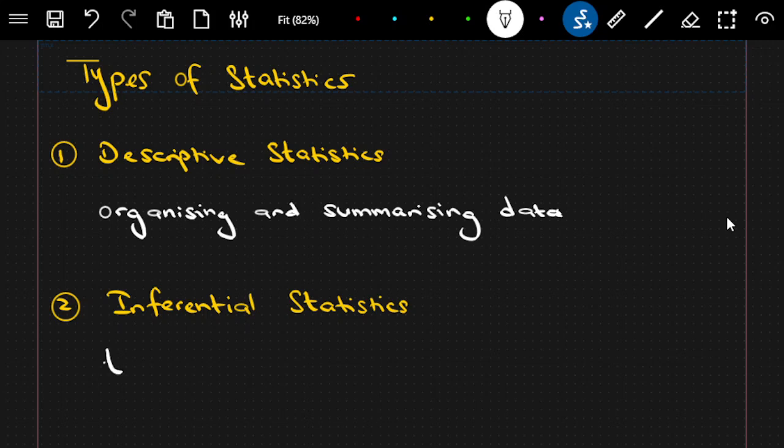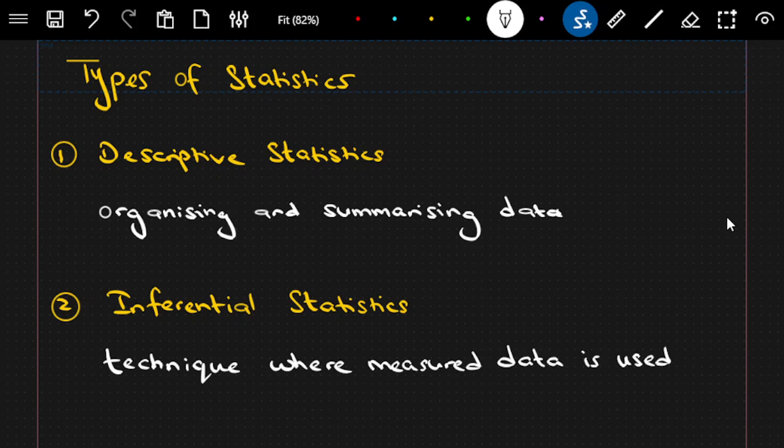Okay, so it is a technique where measured data is used to form conclusions.